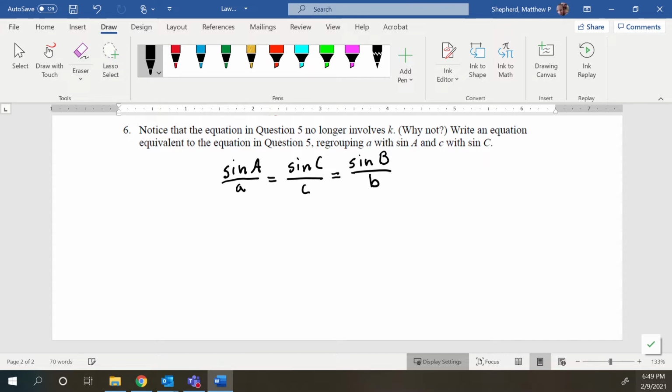So this same statement that we already have written here could be rewritten as A over sine of A is equal to C over sine of C, which could be equal to B over sine of B. It's the same exact relationship, just rewritten.